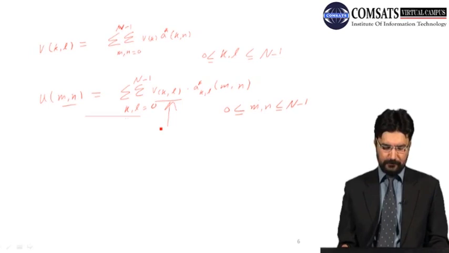So to find a single coefficient VKL, we have to perform order of capital N square complex multiplications and additions. So in total, the amount of computation we will need in this particular case is order of capital N to the power of 4.